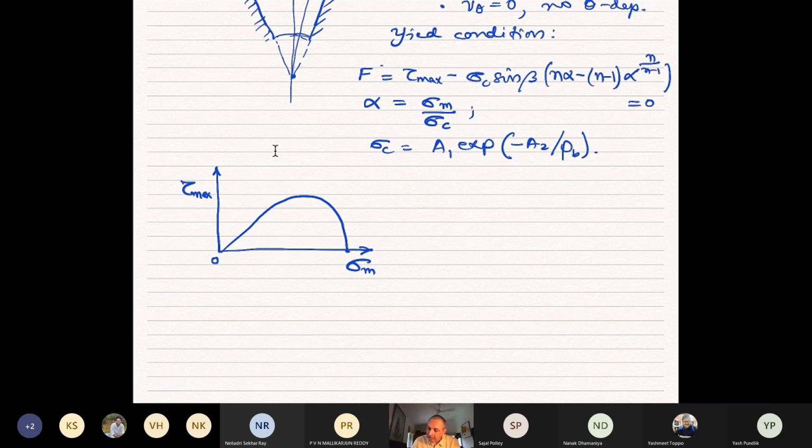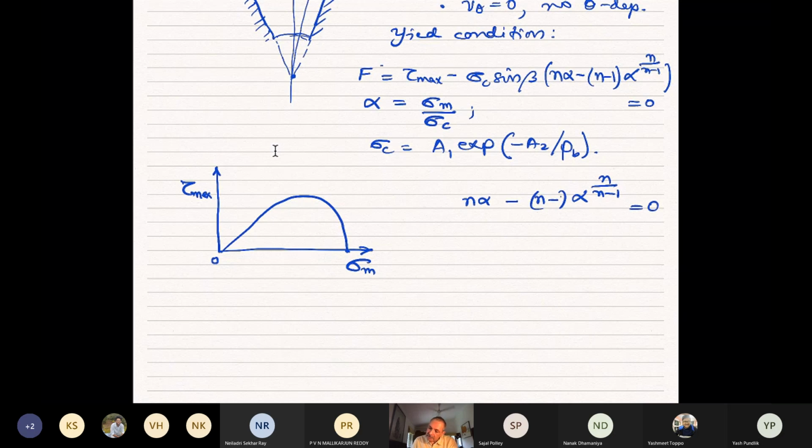And that is when n into alpha minus n minus, when this is equal to 0.